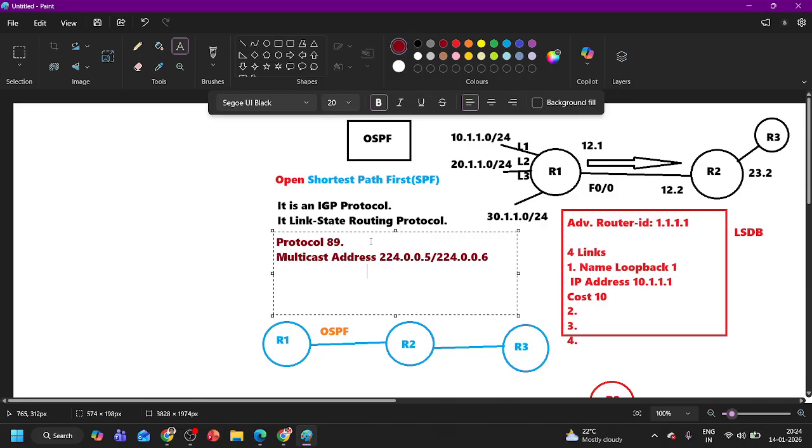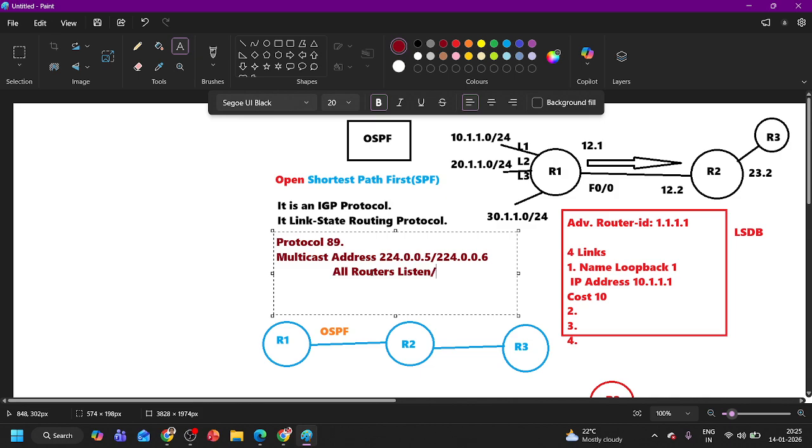We'll understand that later. For now, EIGRP uses multicast address 224.0.0.10. Similarly, OSPF uses the multicast address 224.0.0.5. All OSPF routers listen on this address, 224.0.0.5. On 224.0.0.6, only the DR and BDR routers listen.